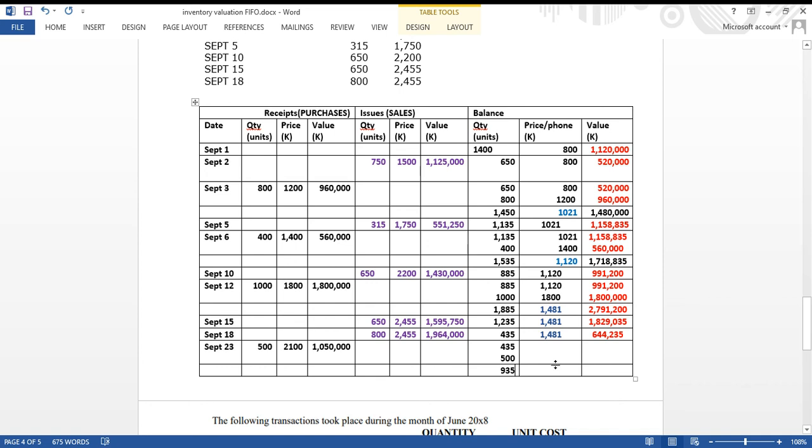Then we have to total up the value here so that to get the average cost, we divide the total value by the number of units. Now, what was your question based on?